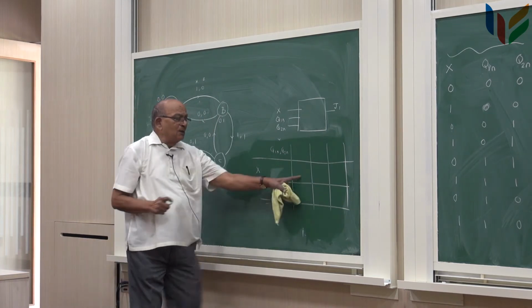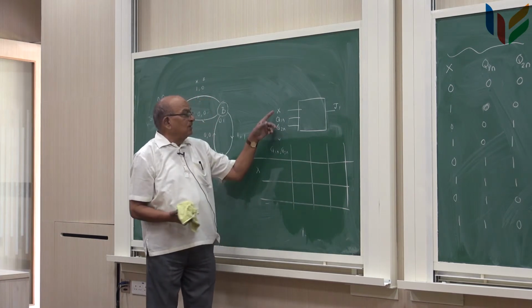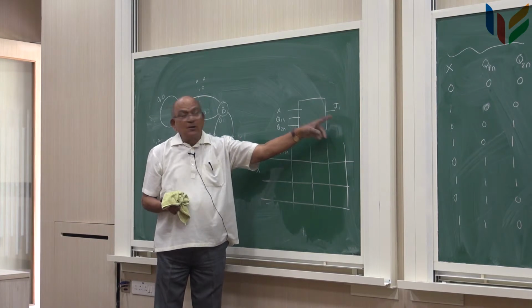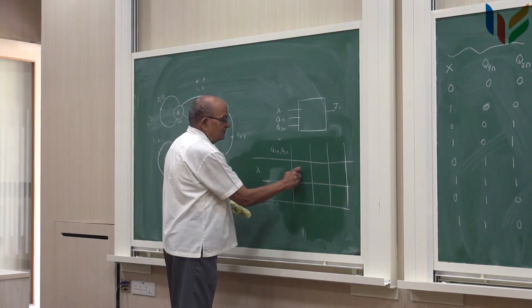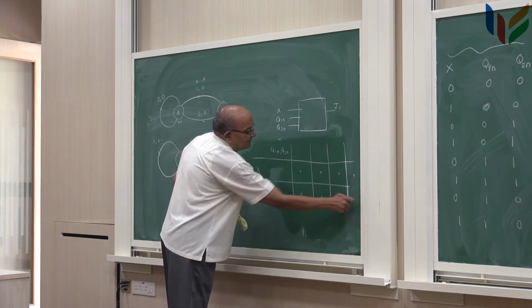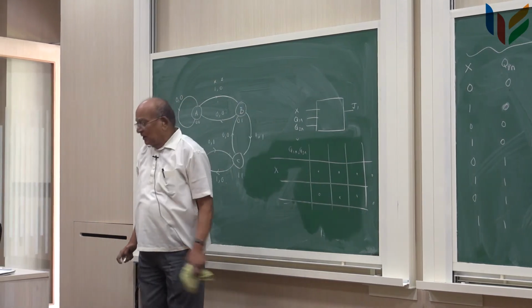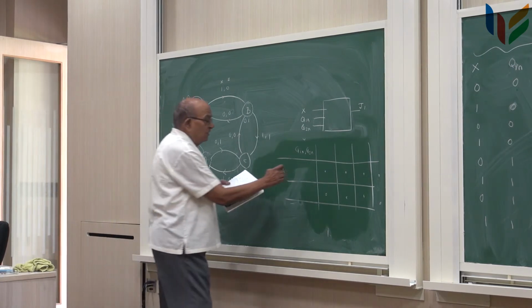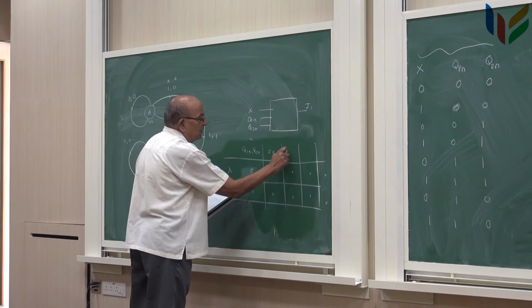So you will have to make entries for these 8 points, because x, q1 and q2 decide what my J1 is according to the table. So you make some entries here from the table, and in this particular case it comes out to be 0, 1, 0, 0, 0, 1.